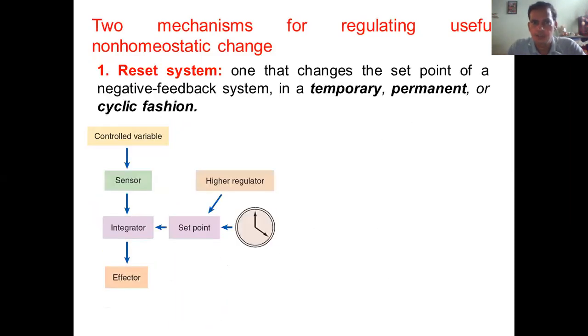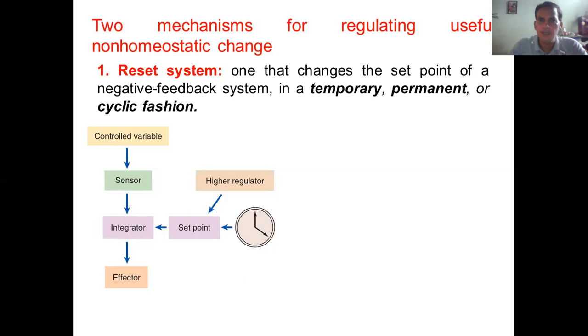Two mechanisms for regulating useful non-homeostatic change are there. Number one is the reset system. If you remember from the negative feedback system, we have a control variable. It goes to the sensor and integrator. That integrator has a set point. Now a reset system changes that set point to some temporary or permanent value.